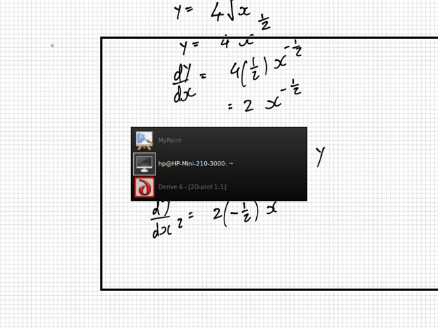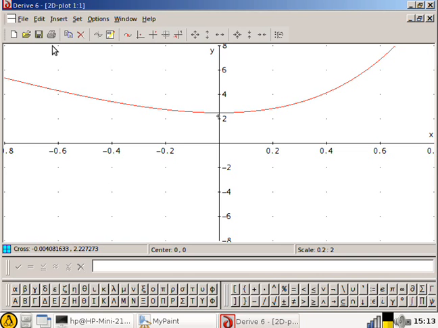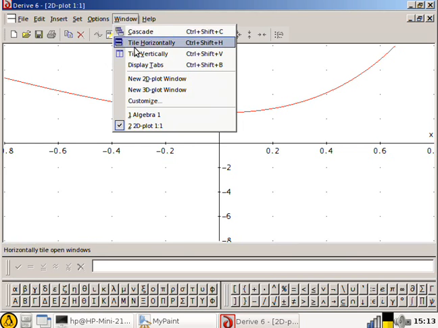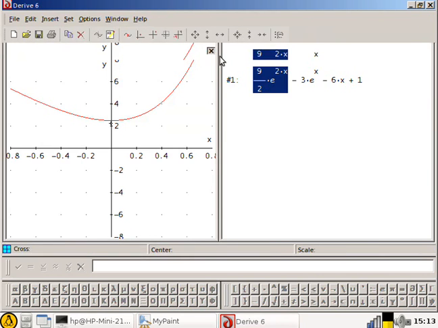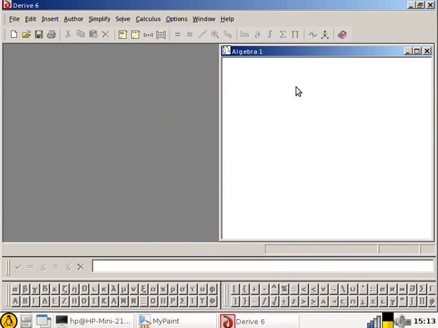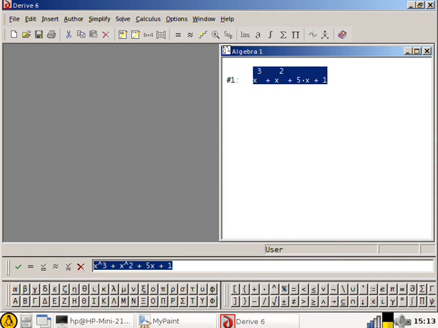So let's have a look at what exactly the second derivative means. So let's take a graph here. Let's take a cubic, for example, x cubed plus x squared plus 5x plus 1. Just some random cubic as an example.